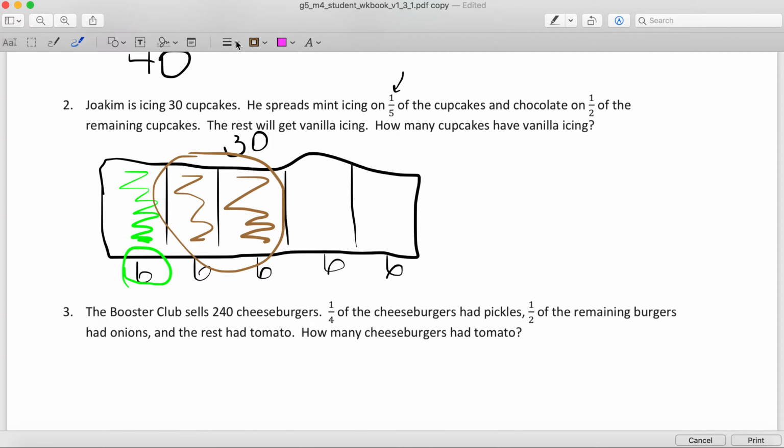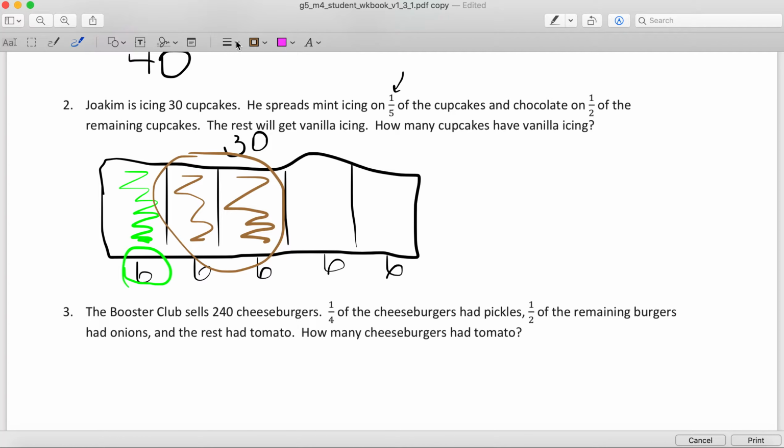So they said half of the remaining. So 1/2 of 180, that's equal to 90. Well, we did that. There it is right there. There's the 90. Here's the 90 that had onions.